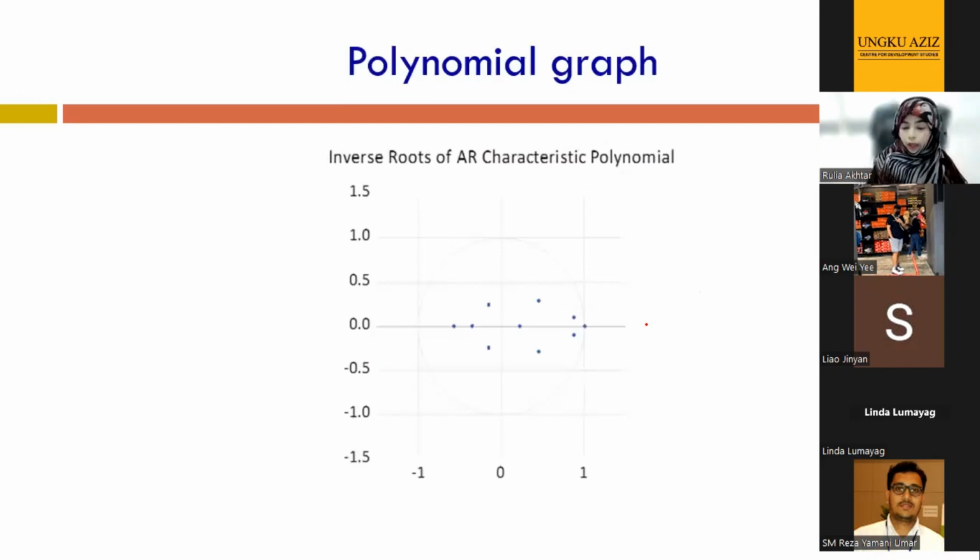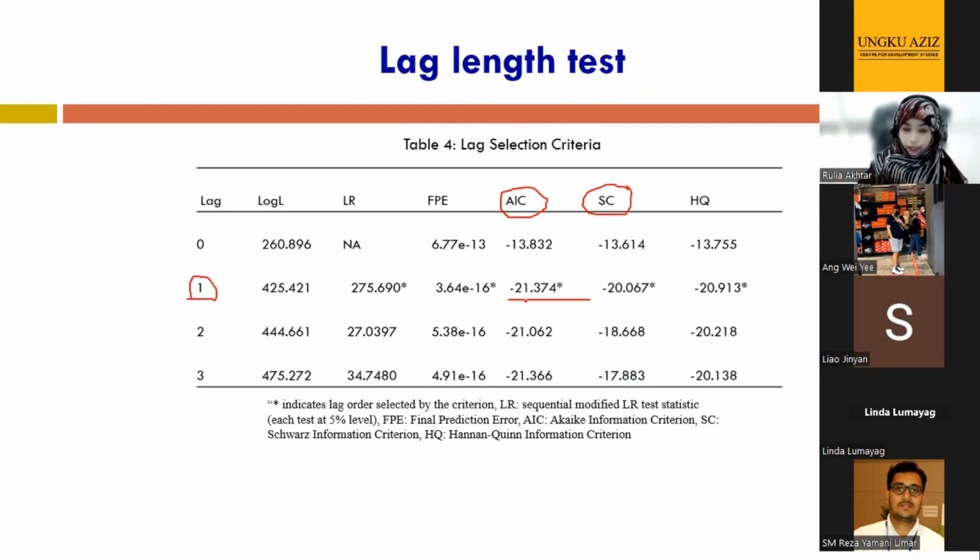Why? Because this is actually the criteria. If all dots are inside the circle, it means that this optimal lag 1 is appropriate for this model.